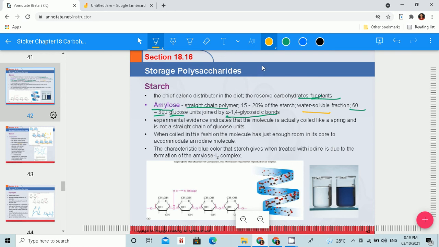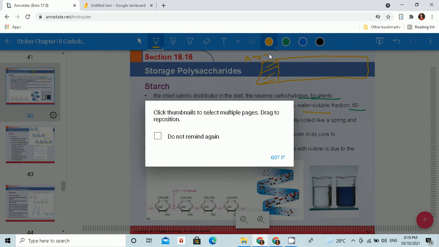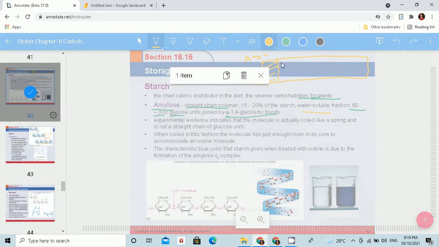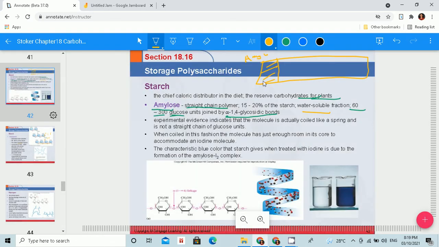Okay, if this is a starch, the 85% is insoluble.